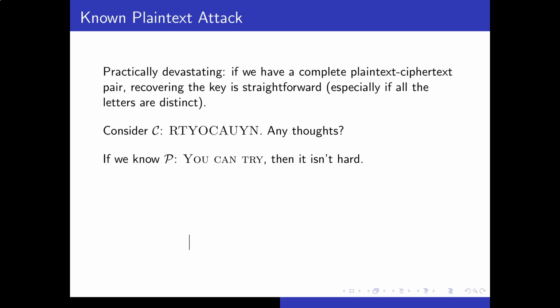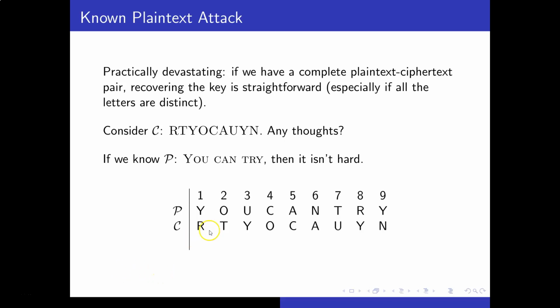Okay? So maybe this is part of a longer message, but if I know that the first 3 words turn out to be "you can try," well, I will put down my plaintext, I will put down my ciphertext, and I will just start figuring out what happens. So it seems likely that 1 goes to 3, so my permutation would send 1 to 3, and then it looks like O goes to 4, and then it looks like U goes to 7, and I just keep going and I fix it.